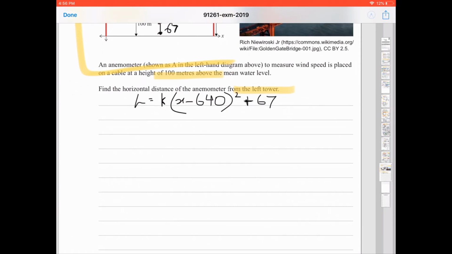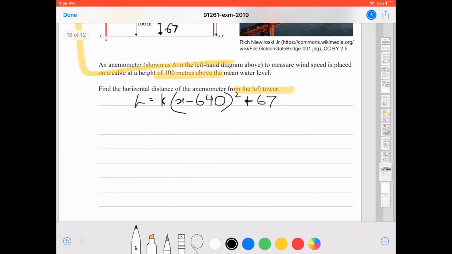So we can say, what was it, 227 equals k, and then x was 1280 minus 640 all squared plus 67. We could rearrange for k. Let's just tidy this up a little bit.